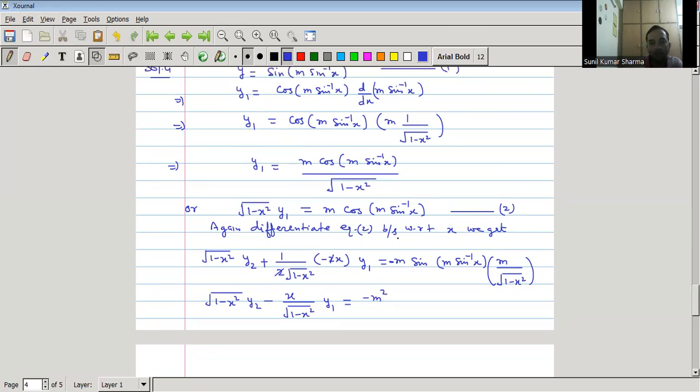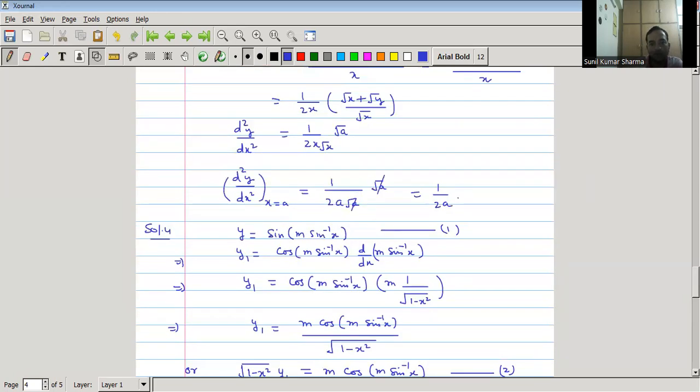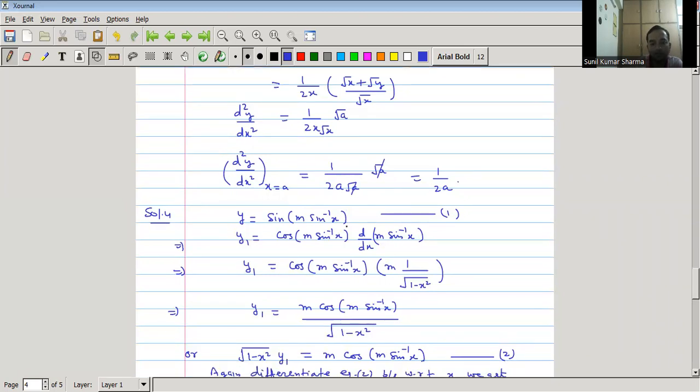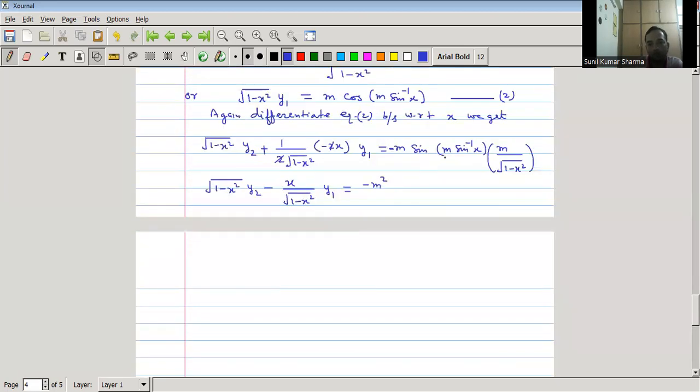It is given y is equal to sine m sine inverse x. So in place of sine m sine inverse x, we can write y over under root 1 minus x square.